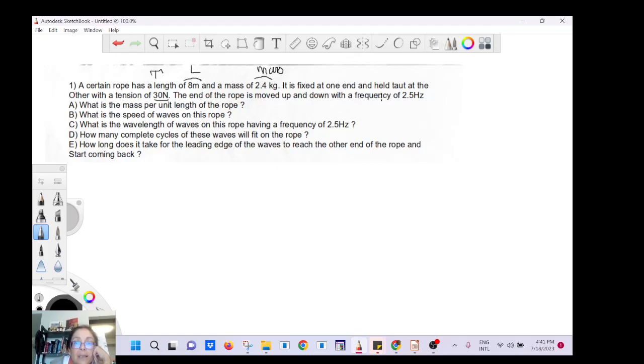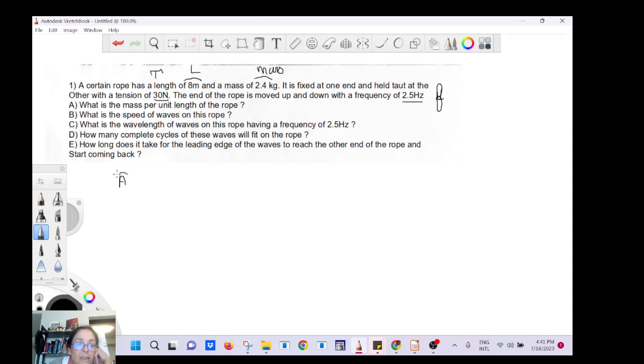It's fixed and held taut, and the end of the rope is moved up and down at a frequency of 2.5. So it's tightened at both sides and you have the frequency here. That will be very much like the simulation I showed you last time. What is the mass per unit length?